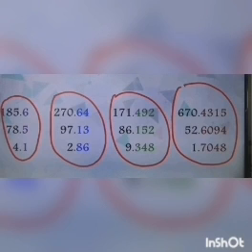So 5.6, 78.5 and 4.1. They have one digit after the decimal point. Now if we look at the other numbers, a few have two digits after the decimal point, that is 270.64, 97.13 and 2.86.